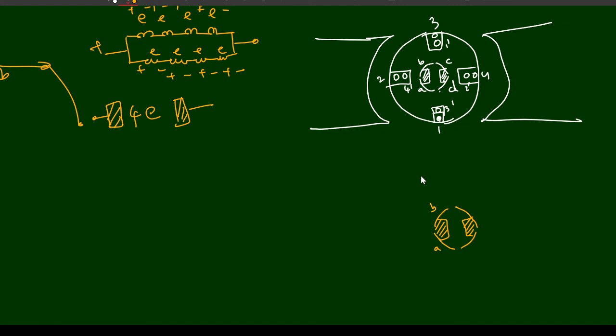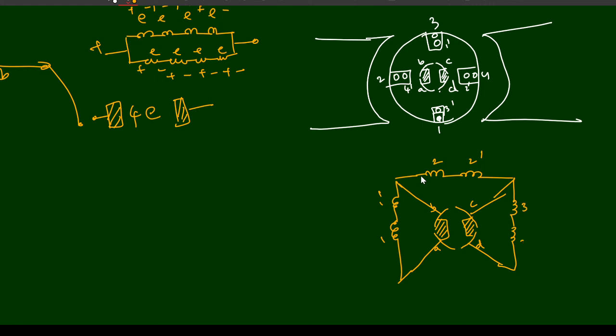This is A, this is B, this is C, and this is D. So between A and B segments, what windings are there? 1 and 1 prime. Between B and C, this is 2 and 2 prime. Between C and D, this is 3 and 3 prime. And between D and A, this is 4 and 4 prime, like this.